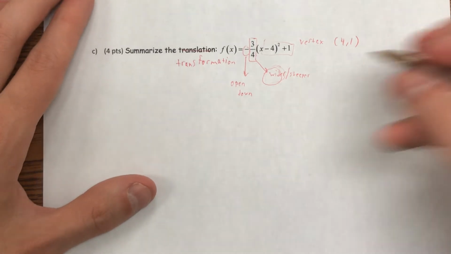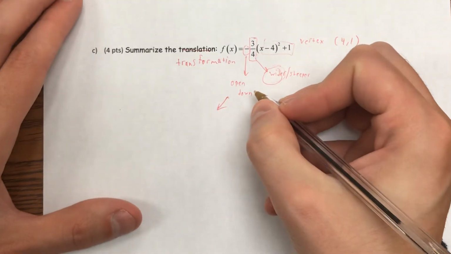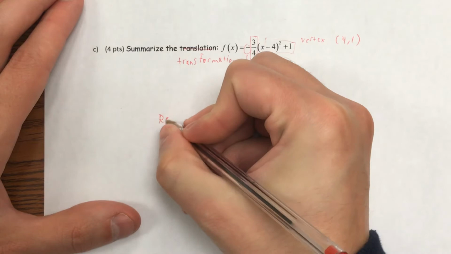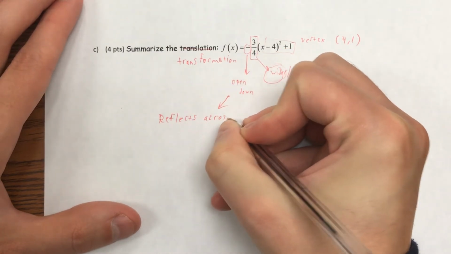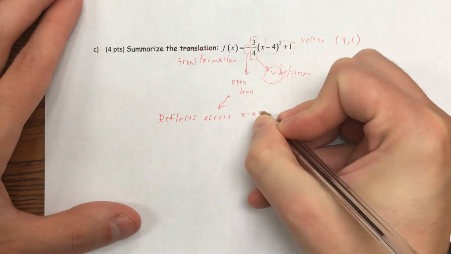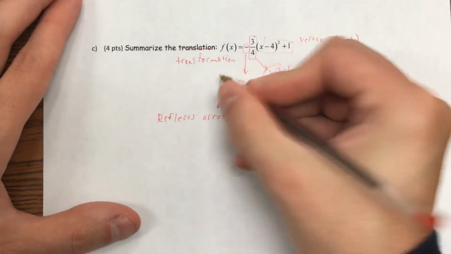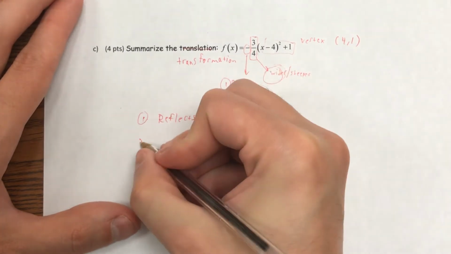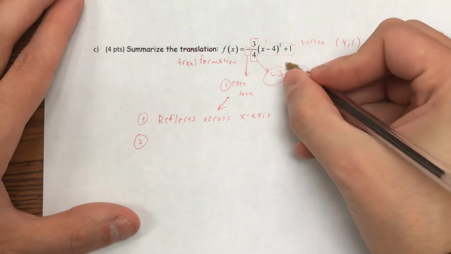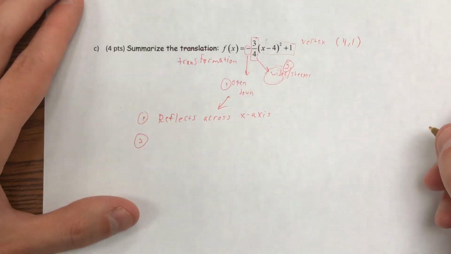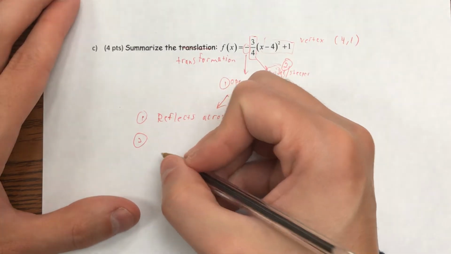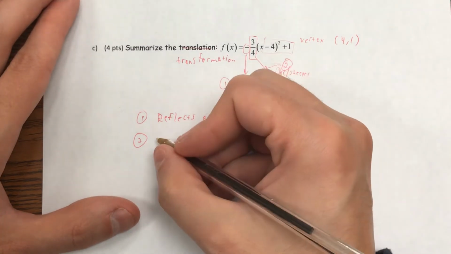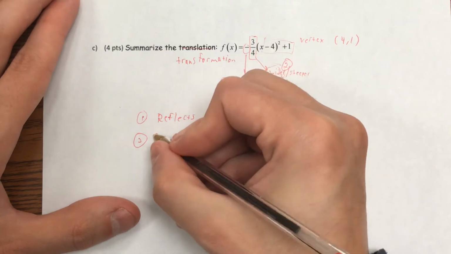And now you can start writing what these actually mean in math terms. Opening down, that's called a reflection. Reflects across the x-axis. So that's the first thing we're going to talk about. The second thing, the whole getting wider thing. Depending on what math class you're in, it's called different things. In this class, we are calling it a compression, that's right.